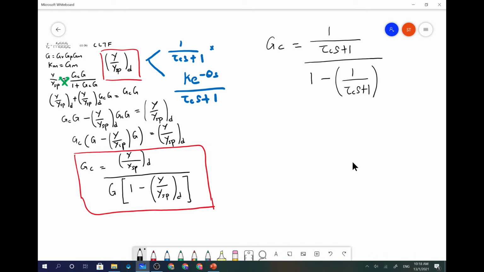Don't get yourself confused with the line. Make sure you arrange it properly. When you have this, everything should be timed with tau CS plus 1, then goes with the denominator.